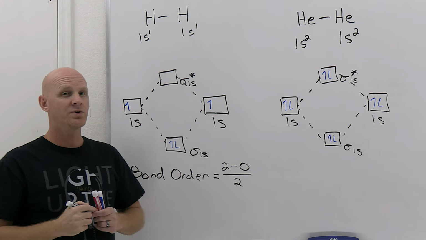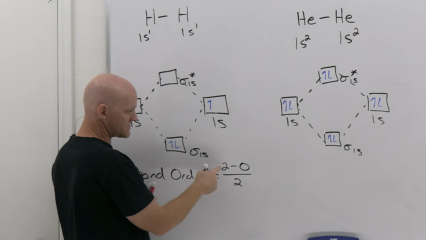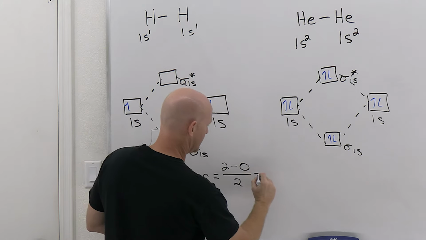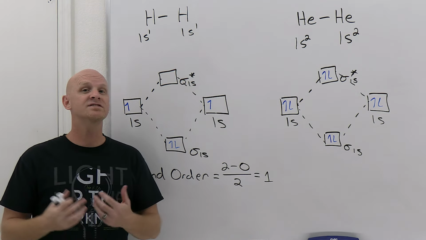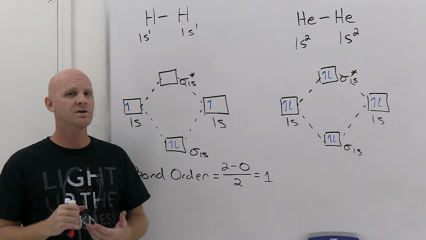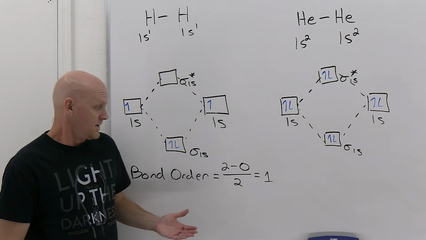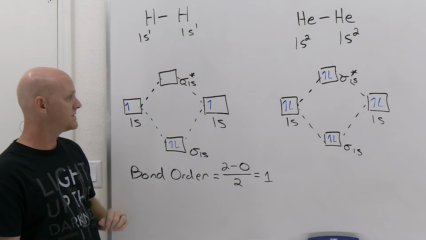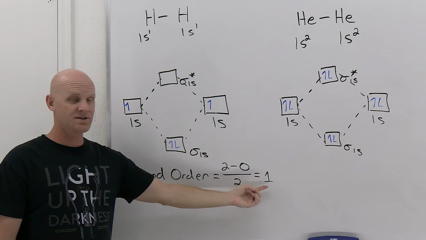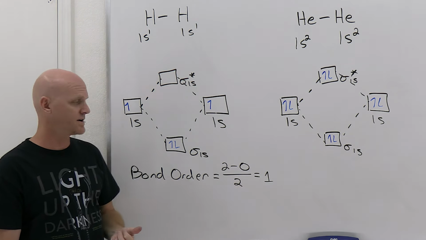That gets you your bond order, which in this case 2 minus 0 is 2, divided by 2 is 1. A bond order of 1 is the equivalent of a single bond that you saw on a Lewis diagram. So Lewis showed this as a single bond, and molecular orbital theory confirms that it's essentially the equivalent of a single bond.